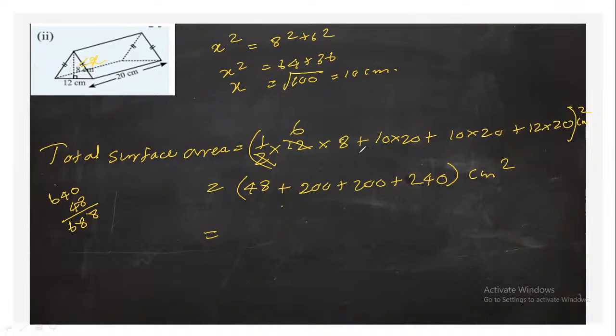Then half into 12 into 8. 10 times 20. 10 times 20. 12 times 20. Adding all, 400 and 240, 640. And this 48. 640 and 48, 688 square centimeters.